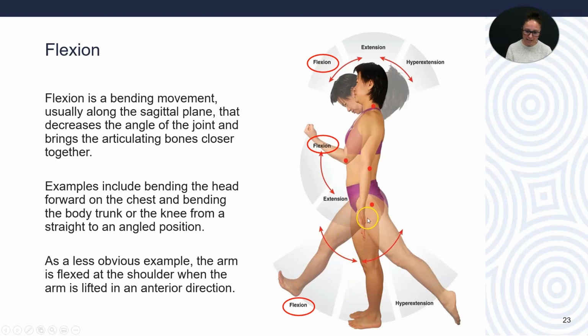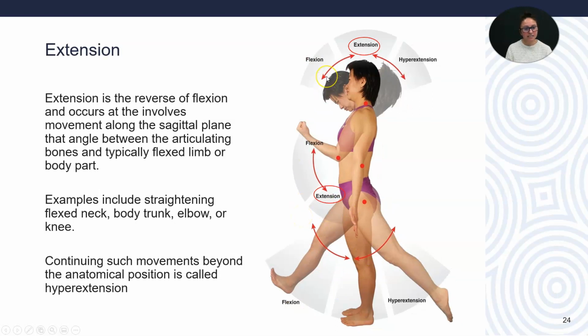So here we have the leg, and here is the joint. So you're decreasing the angle of the joint. Extension is the opposite. This way, you are increasing the angle of the joint. So if you had your arm here at 80 degrees, you would go down to 180.